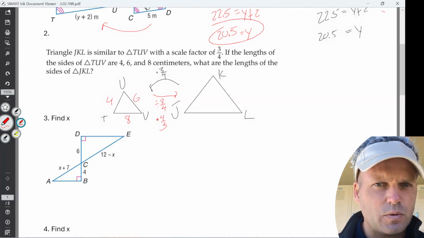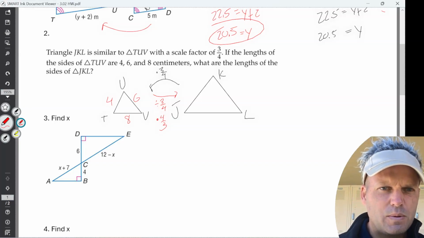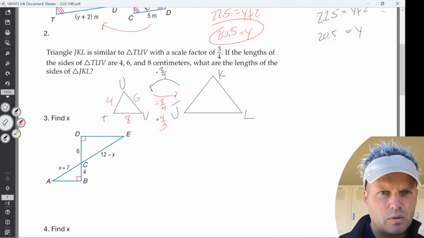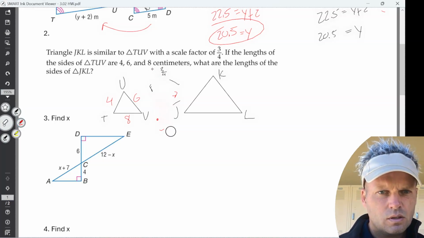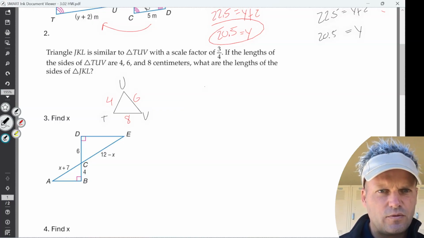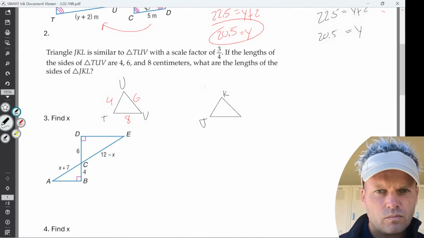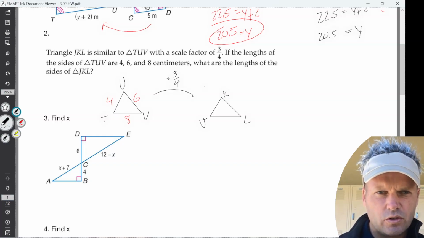JKL is similar to TUV with a scale factor of 3/4. Maybe JKL is the smaller one. Yeah, I'm gonna change my mind here. JKL is similar to TUV with a scale factor of 3/4. So maybe JKL is the smaller one. We'll make sure it's worded correctly.